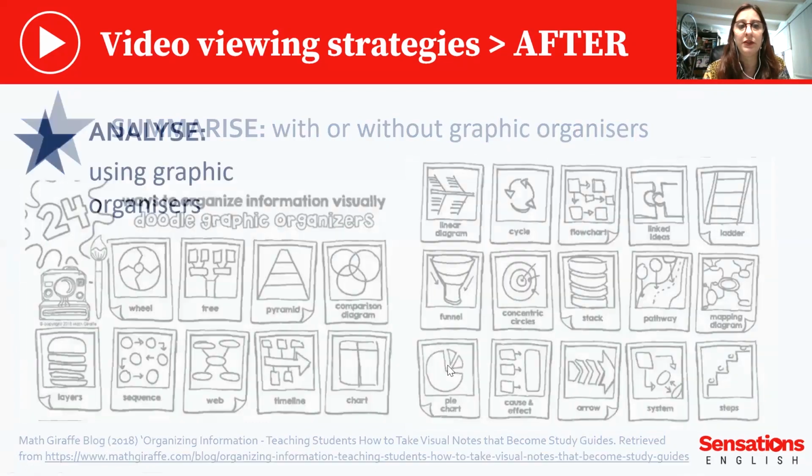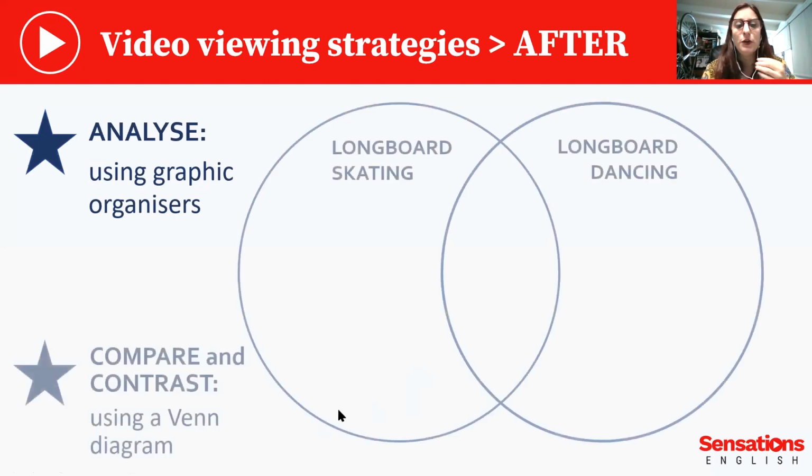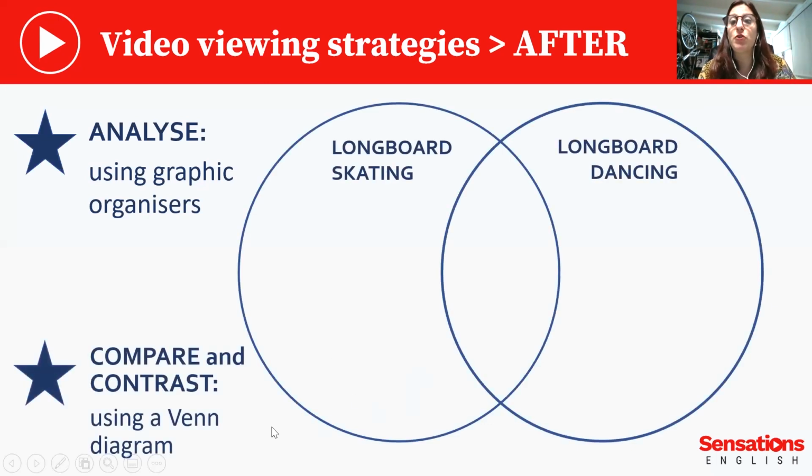Let's go on to the next, analyzing. Analyzing also can be done using graphic organizers if you need to give students a structure on what to look out to analyze if they are not familiar with the concept of analyzing. You could also do compare and contrast, yes? And the Venn diagram graphic organizer is great for that.